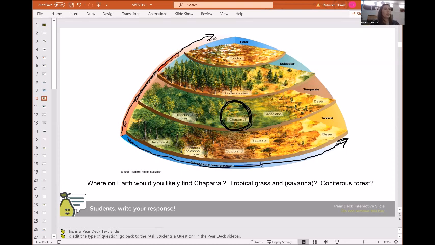Yeah, areas with very little rainfall. That would absolutely be where you would see maybe a little bit more tropical grassland instead of a tropical rainforest. Yeah, coniferous forest, going to be northern United States, absolutely. Yeah, Australia has some chaparral biomes. Yeah, the Mediterranean, absolutely. All right, good job.